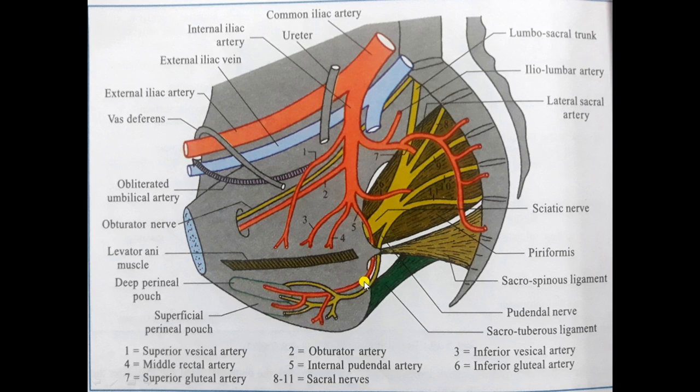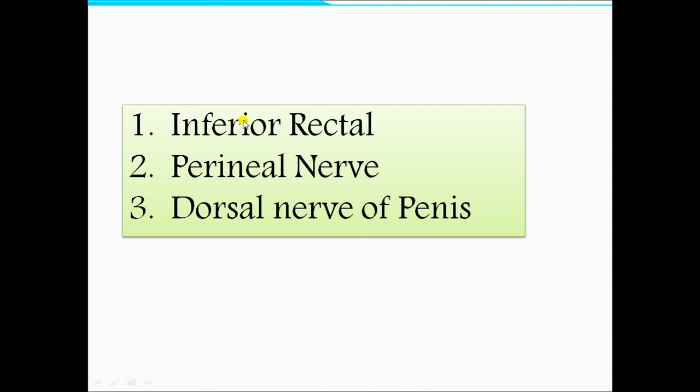In the pudendal canal, the nerve and arteries pass forwards and divide into branches. The pudendal nerve gives three important branches: inferior rectal nerve, perineal nerve, and dorsal nerve of penis.